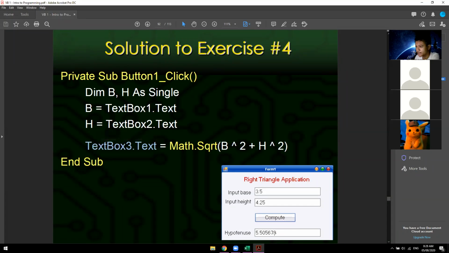TextBox3.Text, which is the hypotenuse. Okay? And that's it. Do you guys have a question so far regarding with this one? So I hope sobrang dali na lang neto since madami na tayong nagawang mga program. And lahat naman ng mga sample codes is nandyan naman. So pagganahin nyo lang.